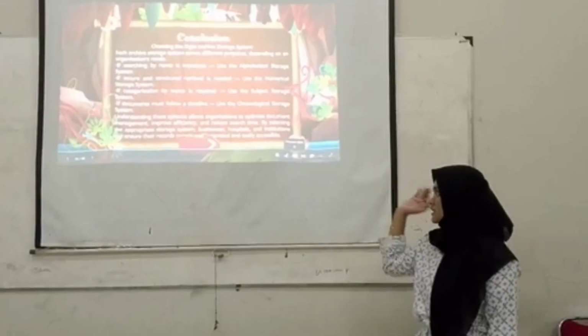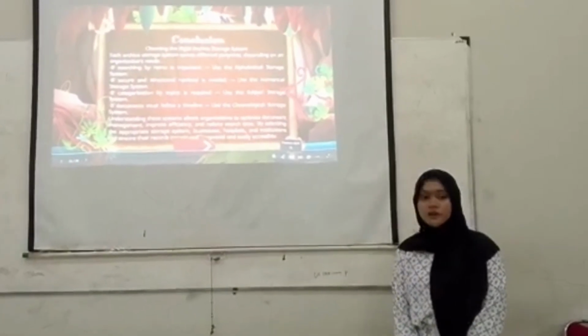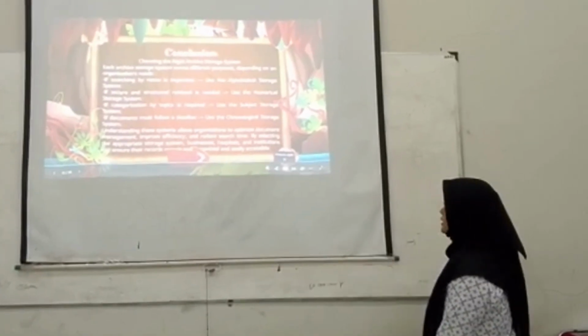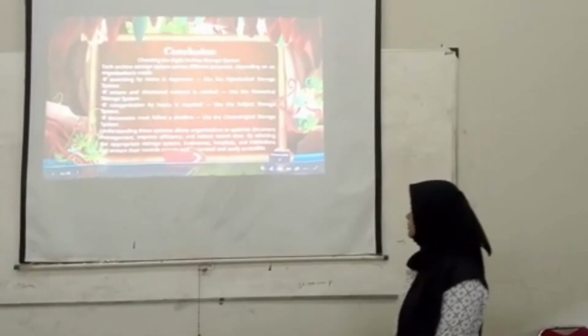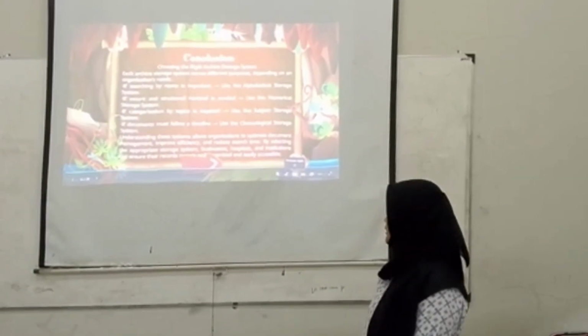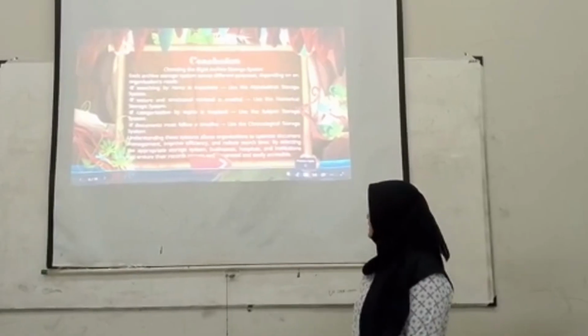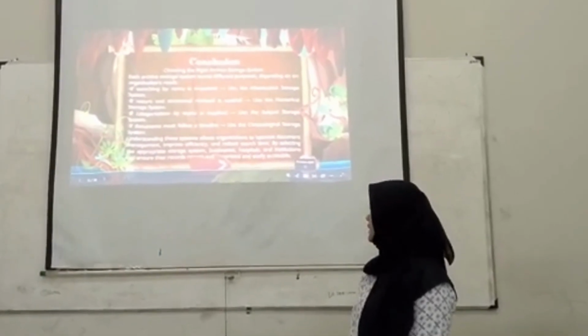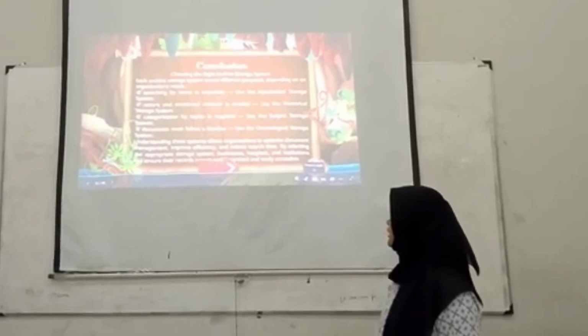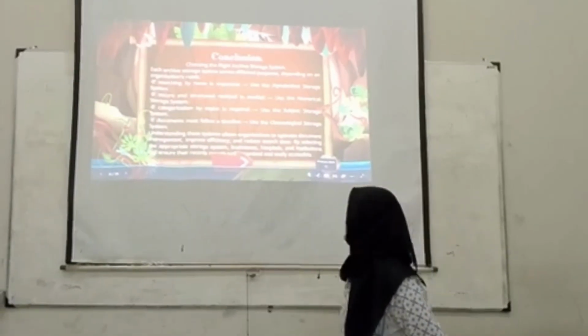And the last, if documents must follow a timeline, use the chronological storage system. Understanding the systems allows organizations to optimize document management, improve efficiency, and reduce search time. By selecting the appropriate storage system, businesses, hospitals, and institutions can ensure their records remain well organized and easily accessible.